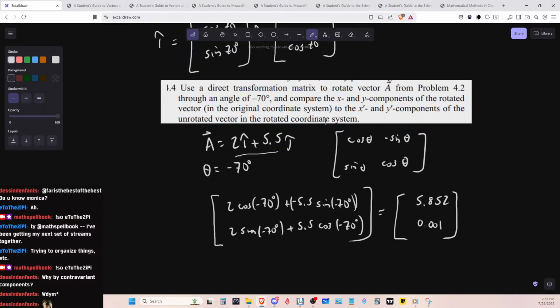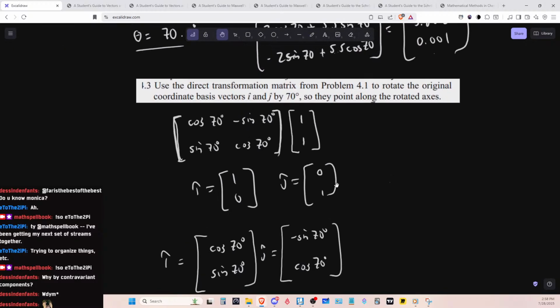So now it says compare the x and y coordinate of the rotated vector, which I'm guessing is this one, in the original coordinate system to the... Oh, okay. So I'm guessing with the rotated coordinate system, they want us to do the other transformation, which is this one.